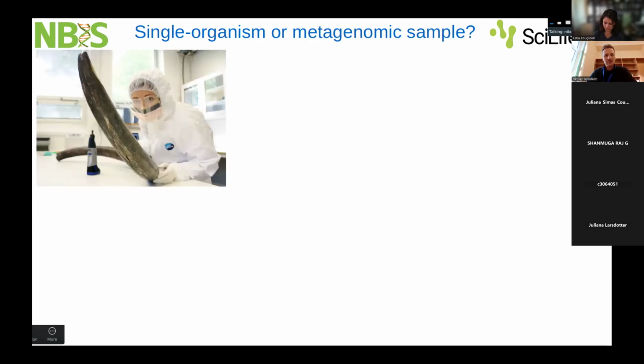So let's take a classical setup, an animal ancient DNA community here mostly, and I believe that's your typical setup. You have a bone or tooth, maybe a mammoth tusk. Let's say we are working with a mammoth tusk.